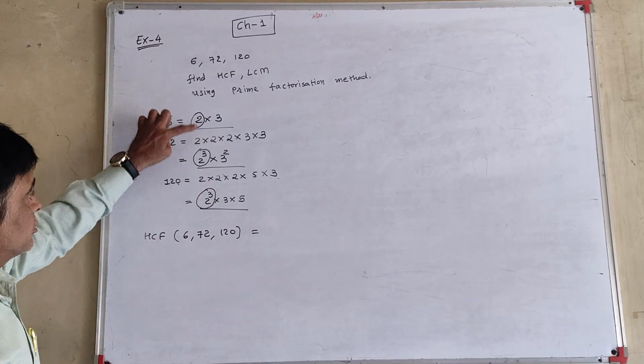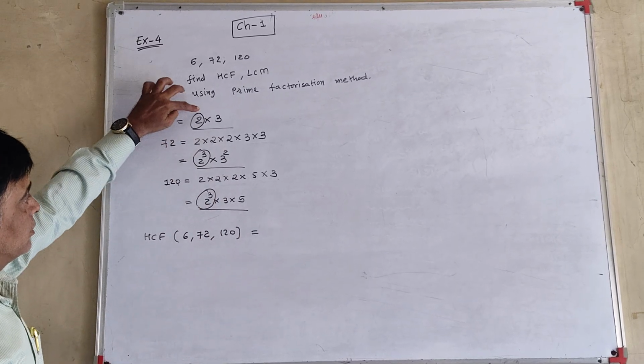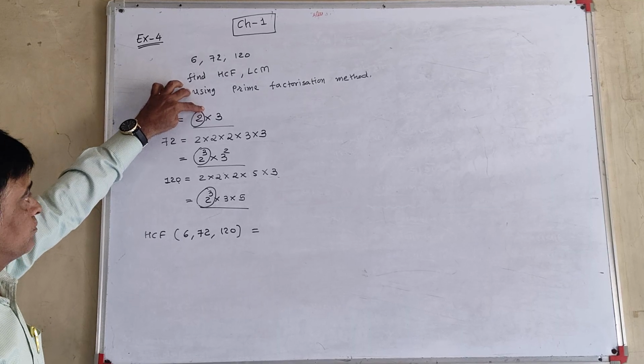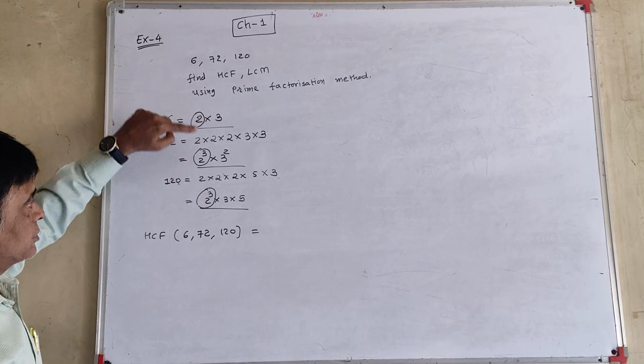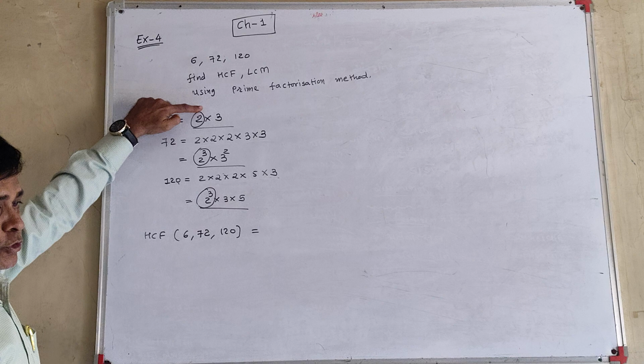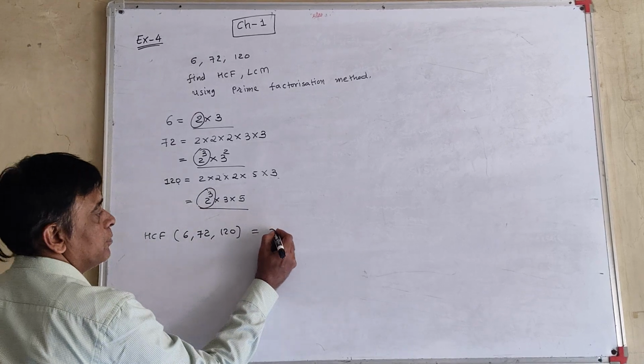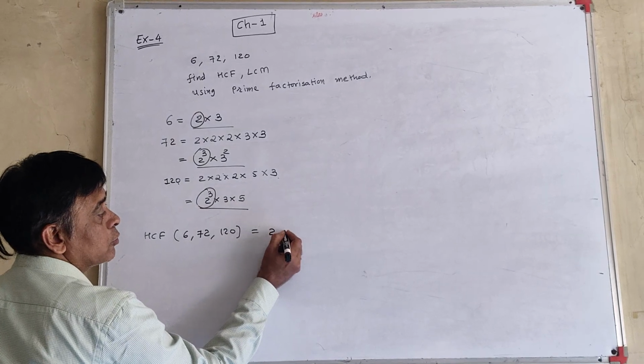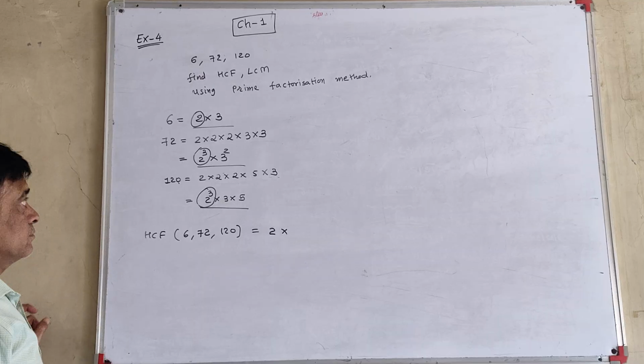Here common factor is 2 and here the lowest power is 1. Here 2 cube is given, so lowest power is 2 raised to 1. So in HCF, lowest power of common factor will be taken.